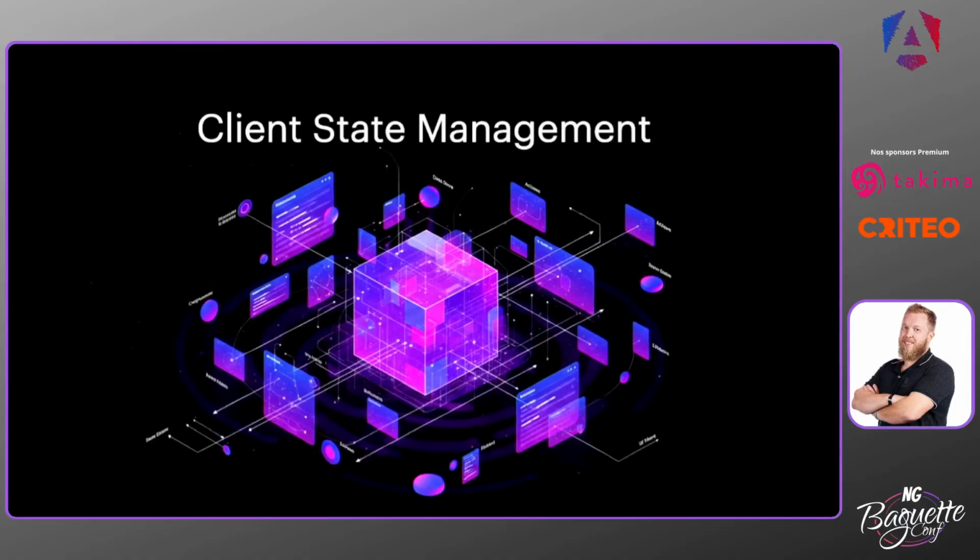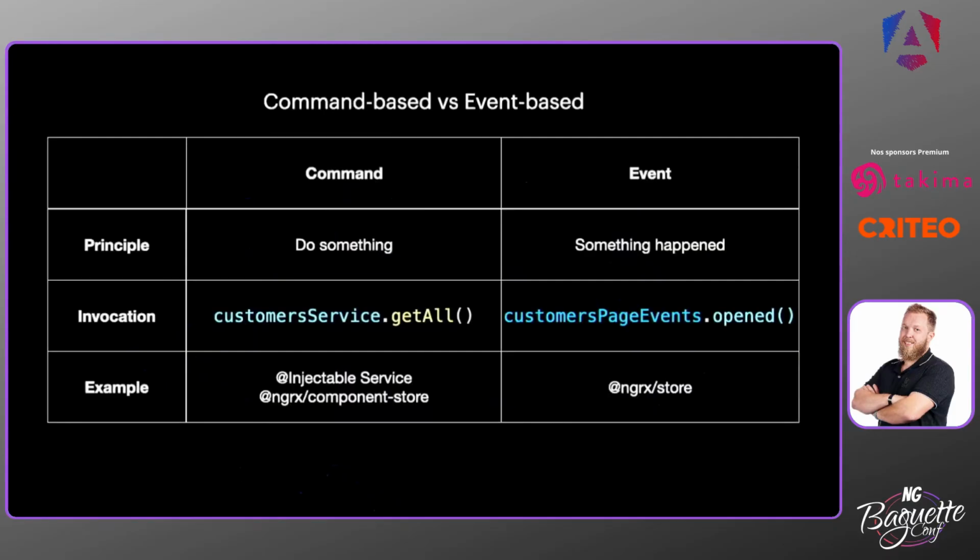Now, let's talk about a little bit more of a client state management, what type of state management we can have. We can have a command-driven or command-based, and we can have event-based. Command-based is, the principle of it is to tell something to do something. For example, customer service, get all, give me all customers.